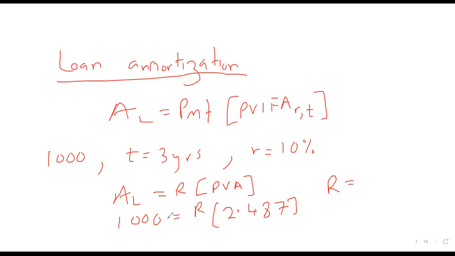What is 1,000 divided by 2.487? It's 402.09. So 402 is the periodic payment.